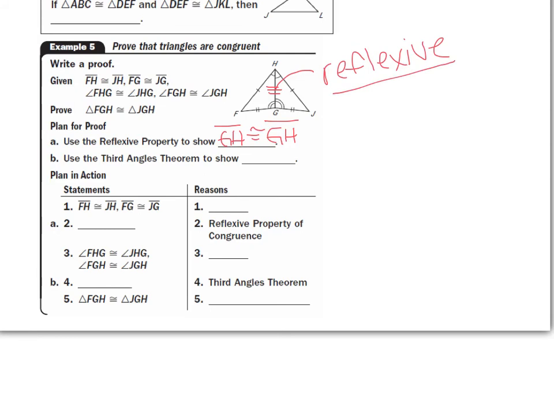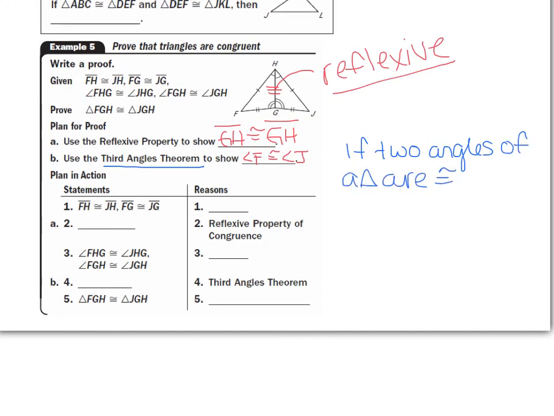We're also going to use the third angle theorem to show that angle F here is congruent to angle J. We have briefly talked about the third angle theorem previously. All that it says is that if two angles of a triangle are congruent to two angles of another triangle, then the third pair of angles are also congruent.